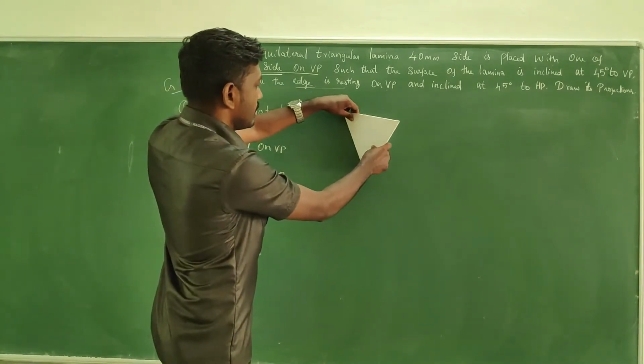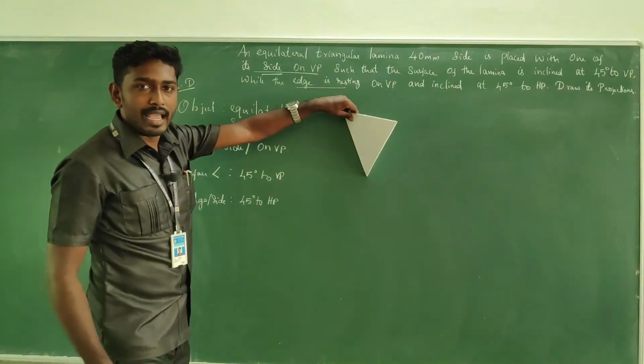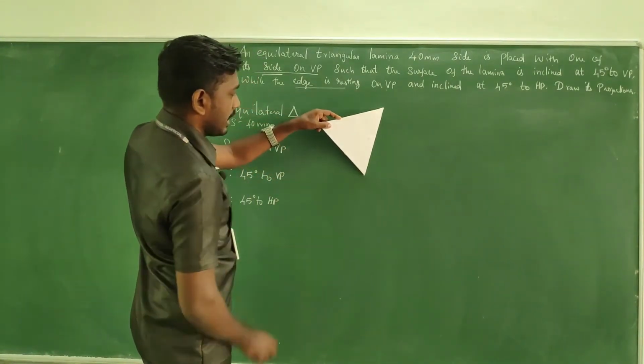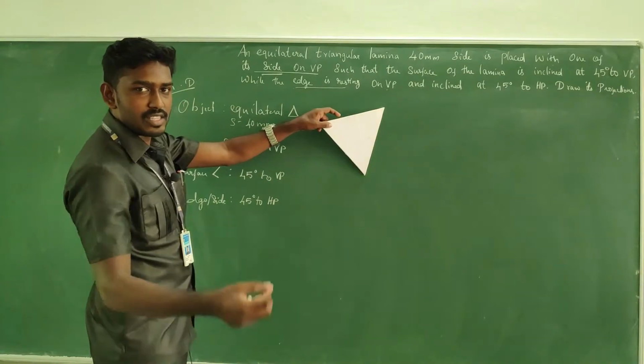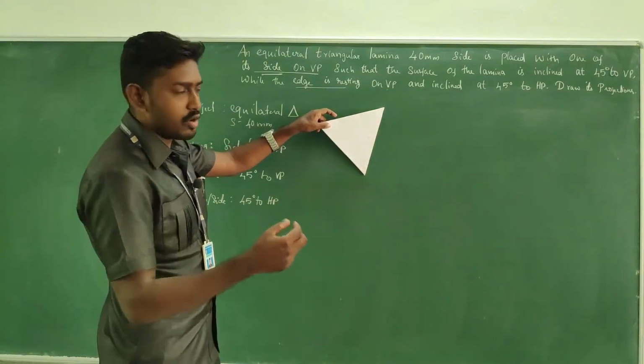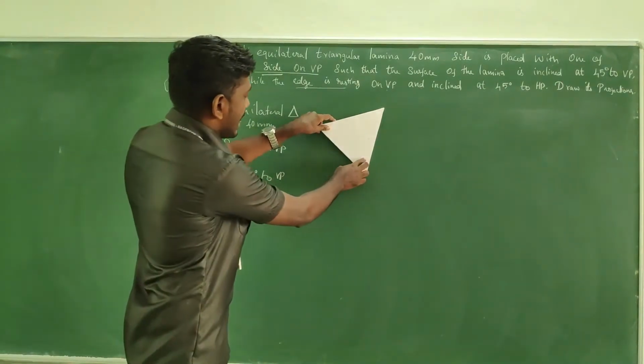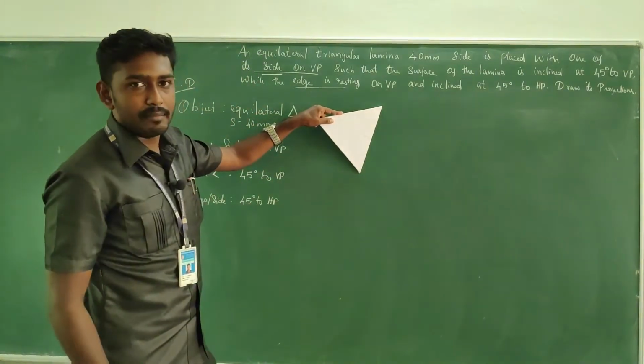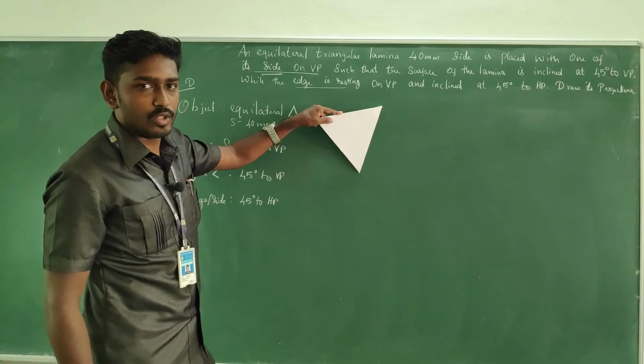This is the exact location of the object when the surface is inclined to 45 and the edge on VP is tilted at a particular angle. So this is the position.